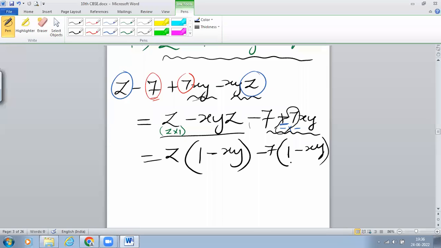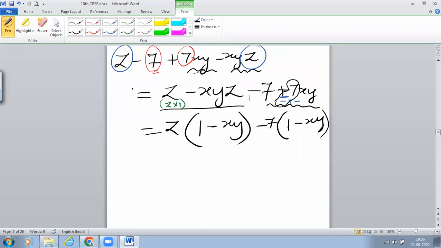Now see here, we have two terms. I will underline them: this is one term, this is another term. In these two terms, what is common? 1 minus xy is common. Here also 1 minus xy, here also 1 minus xy. So I'm going to take 1 minus xy common outside, opening a bracket.